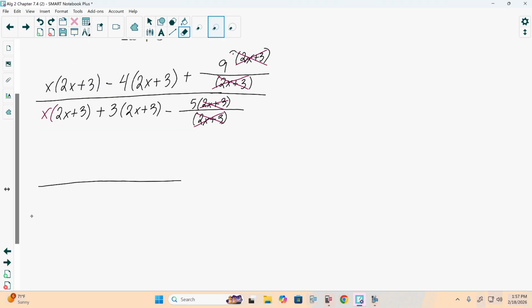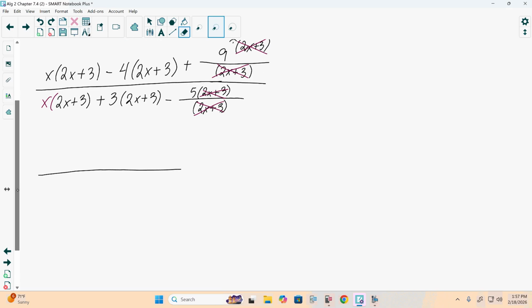After that's simplified, this third term is still just 9. All 3 terms don't have it. If they did, we could factor it out. It actually works quite nice. But here we can't, and it does look like we're going to have to combine like terms.